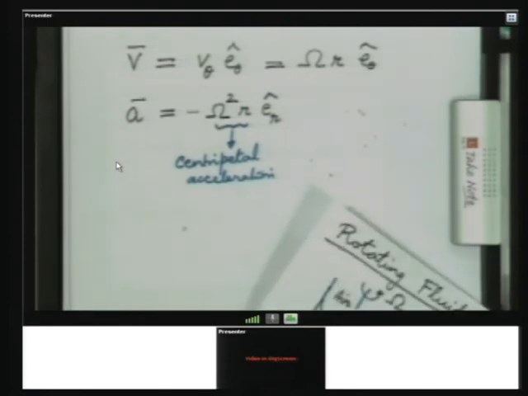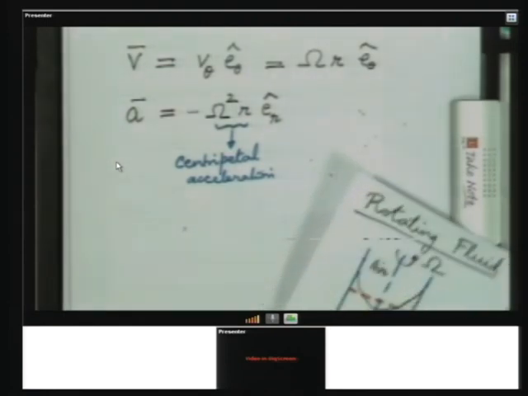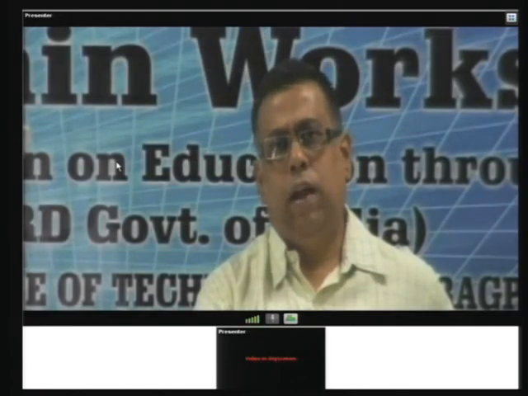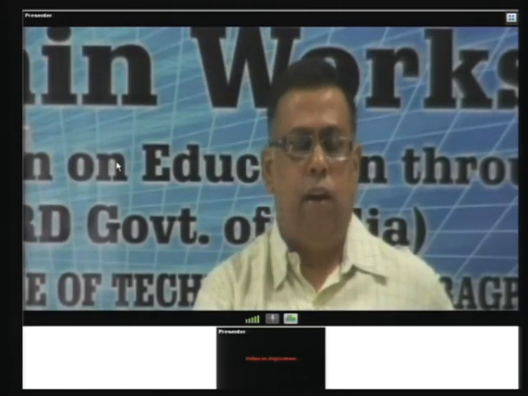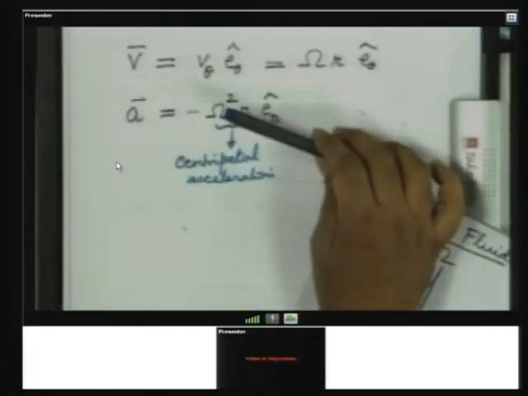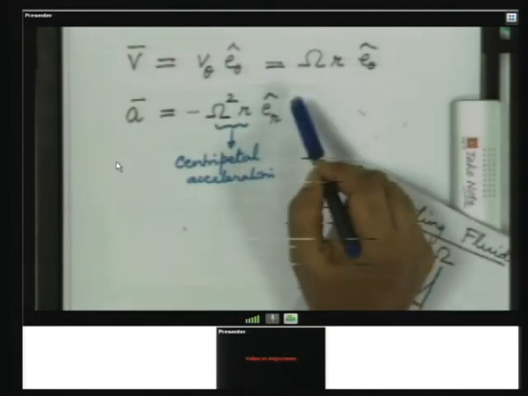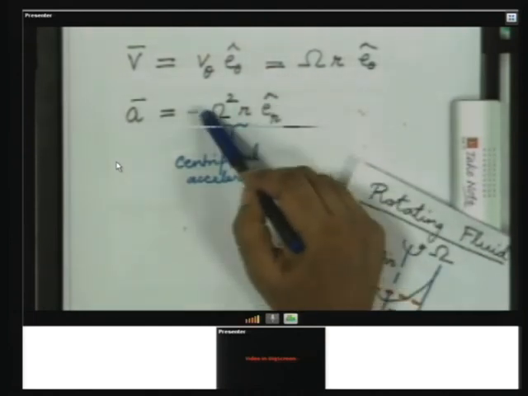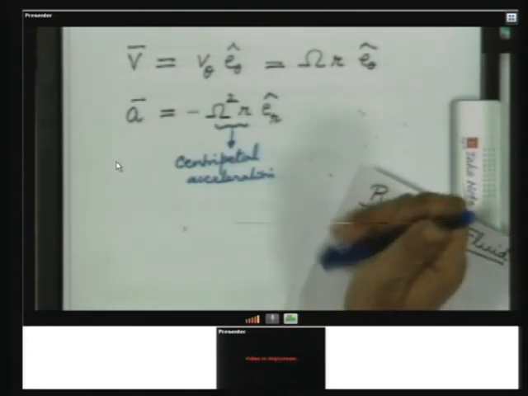In a kinematics chapter, you will learn how to find the material derivative of a function, and if you take the material derivative of the velocity, you will get this expression. So, we will not derive it here, but simply use it, and this is something I think you are all familiar with. So, this is a unit vector in the radial direction. The minus sign means that it is radially inwards.